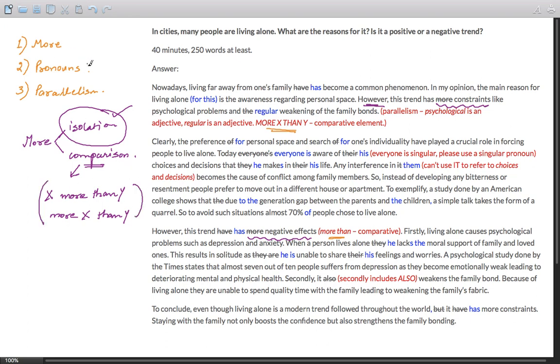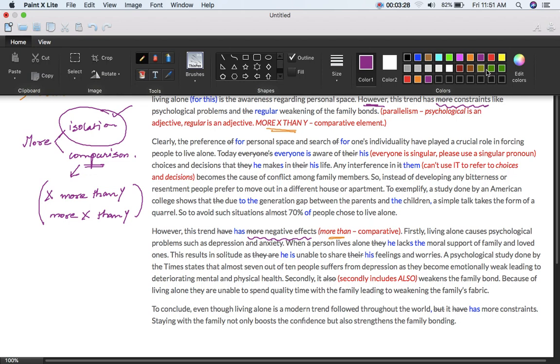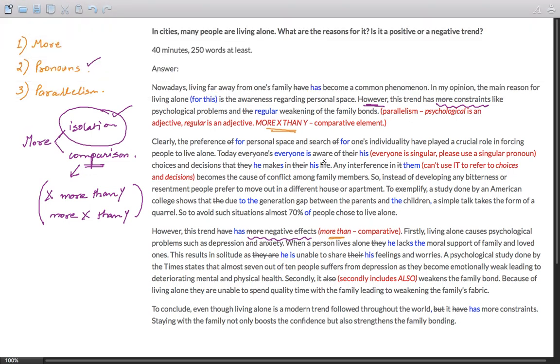Let us come to the pronouns, the second mistake. Okay, so here's the first pronoun mistake, which is a major one. Today, everyone is aware. First of all, do not use the contracted form, the short form, in IELTS formal writing. It is not recommended. Write completely: everyone is aware of their choices.